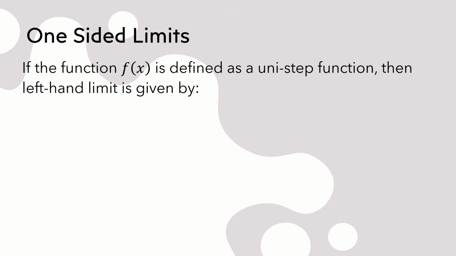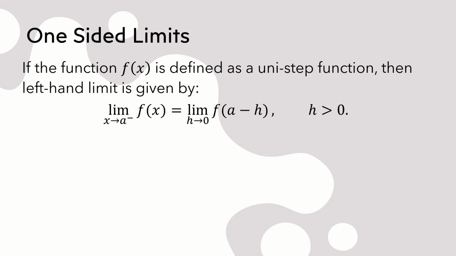So if a function is a unit step function, as I said earlier, then the left-hand limit, which is denoted by limit x goes to a, and then we put a bar on it, of f of x, is equal to limit h goes to 0. We basically replace this limit x goes to a from the left side.